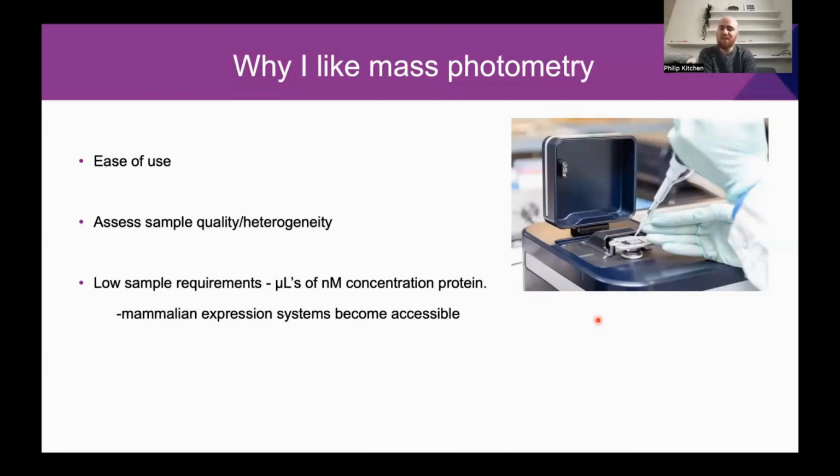That can be very challenging, especially for membrane proteins, to get enough protein from a mammalian expression system that you can actually do something useful with it. And so this very low sample requirement has made mammalian expression systems a little bit more accessible for us.